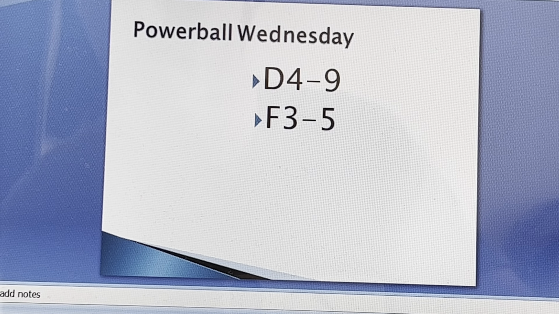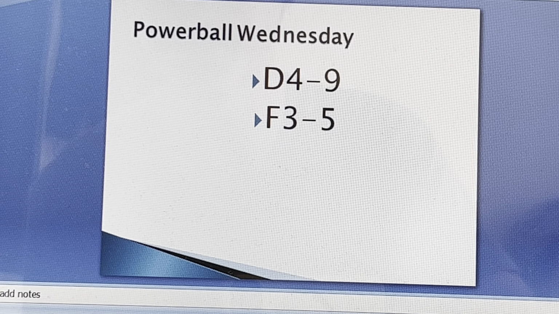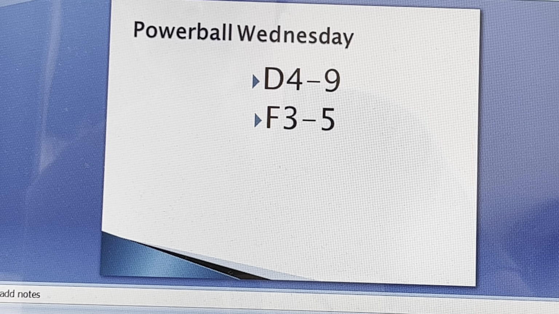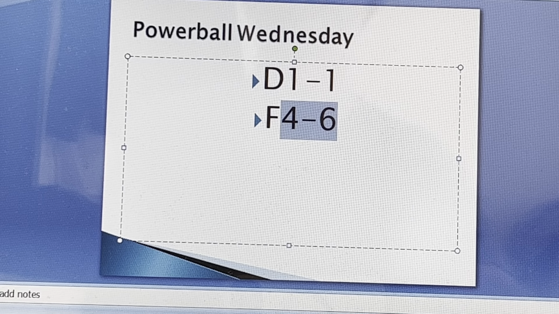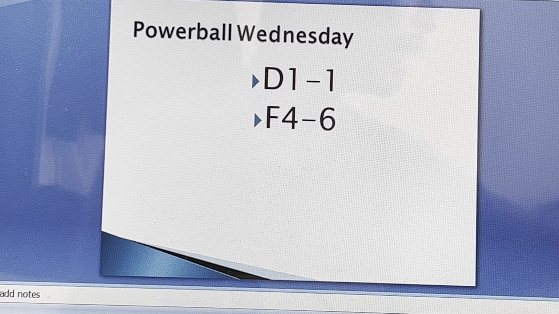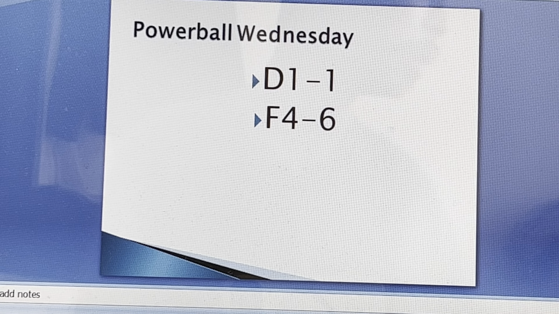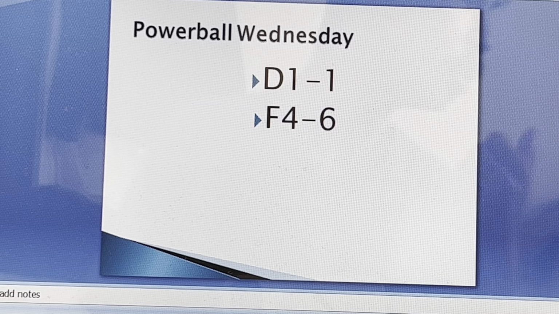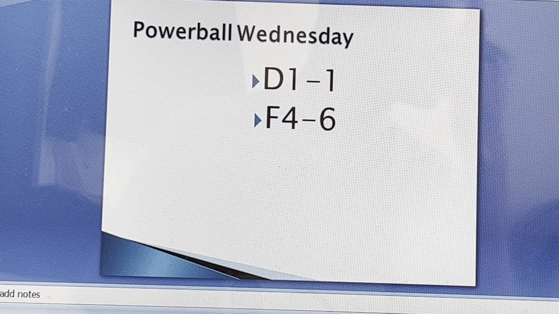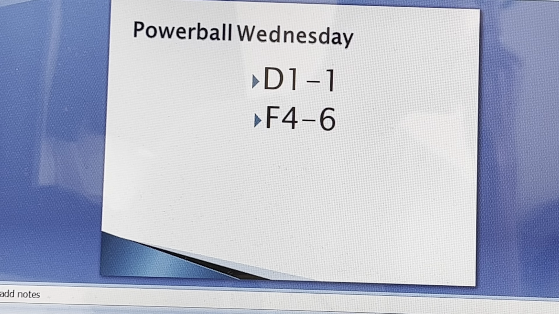Where's your F4? Need to locate the F4. There's your 6, F4. So 65. And the last number is 22. We need another 2. And bingo, your 2 would be up there. 0, E1.